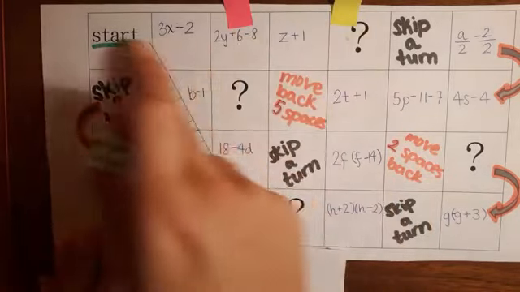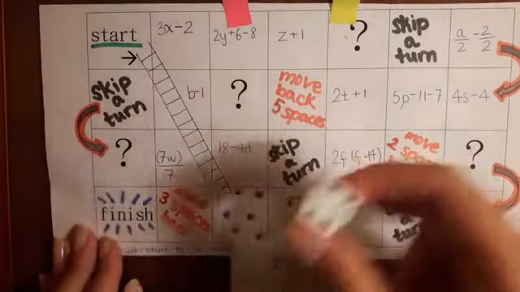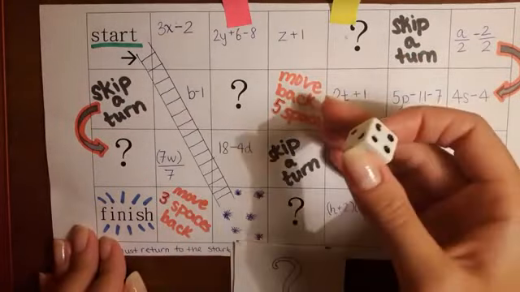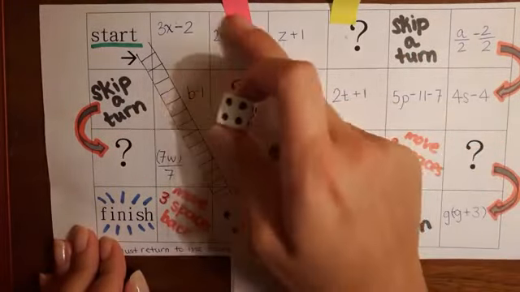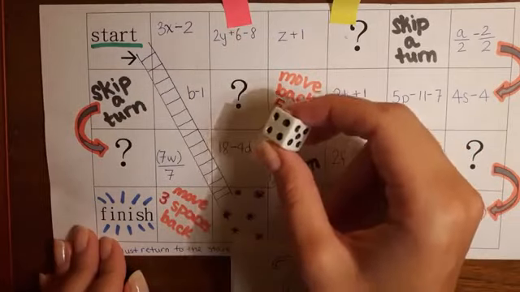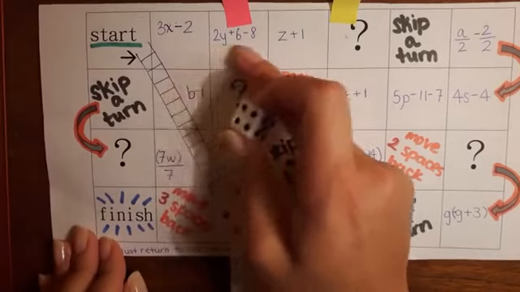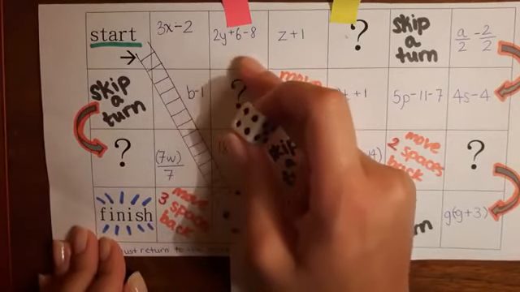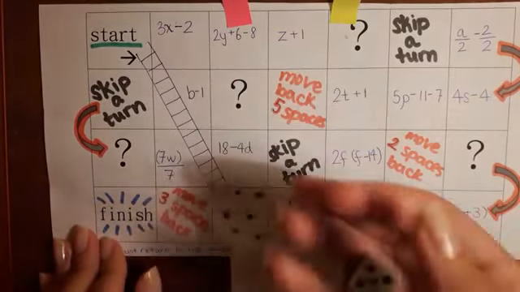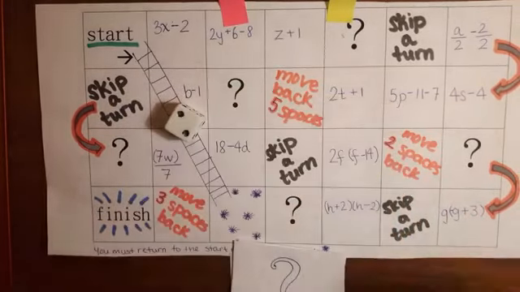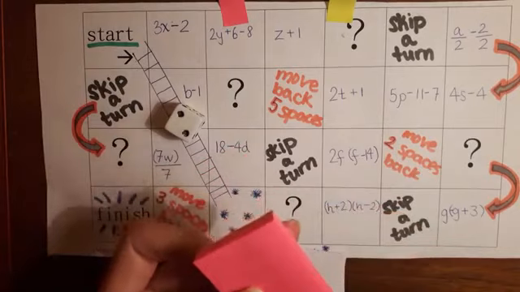Once all the players have had their first turn just simply rolling the die to see where they land, then they're going to continue with their second turn to see what number they get, and then they're going to substitute that number into the corresponding equation that they are already on. So let's try that with the pink guy. So again, the pink guy gets a 2. Now I have a little notepad here for the pink guy.